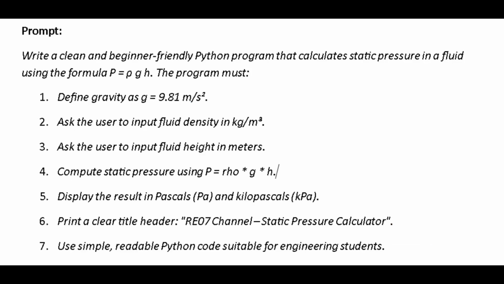Now I am preparing the AI code generation prompt. Prompt: write a clean and beginner-friendly Python program that calculates static pressure in a fluid using the formula P equals ρ times g times h. The program must: 1. Define gravity as g equals 9.81 meters per second squared. 2.